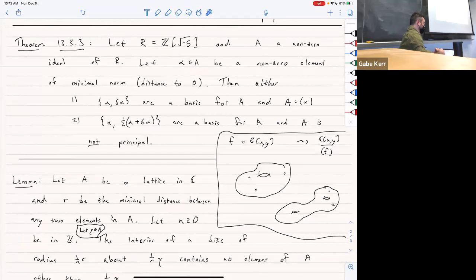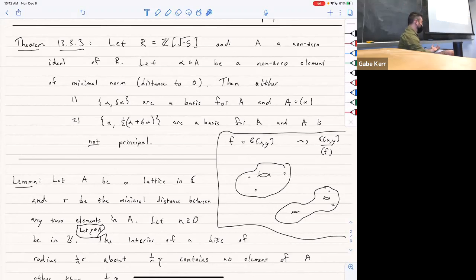I know A is an ideal, so I can certainly multiply this element by anything in my ring and get another element of A. In particular, I can multiply it by delta, the square root of -5. That will rotate it by 90 degrees and then dilate it by the square root of 5. So I'll get two elements that span a basis if I do that: alpha and delta times alpha. I can take the span of that, and that will give me a lattice inside of mine. And then the question is, is that all of it, or is it not?